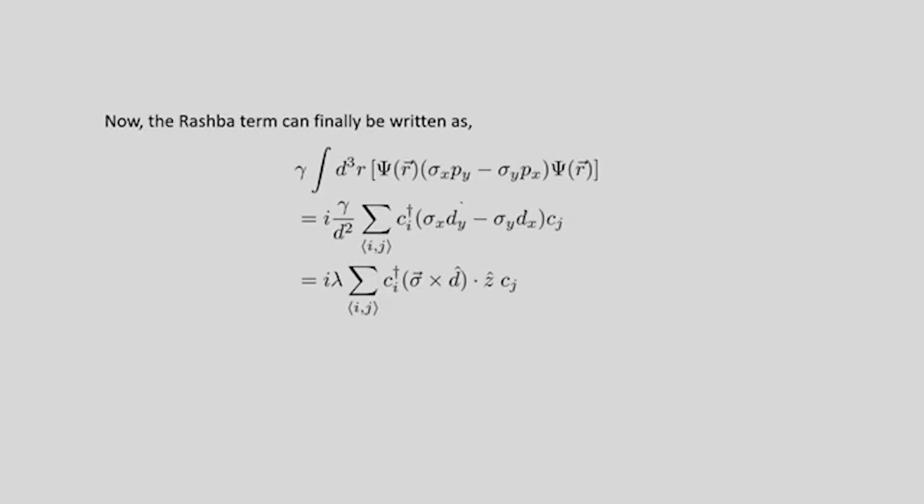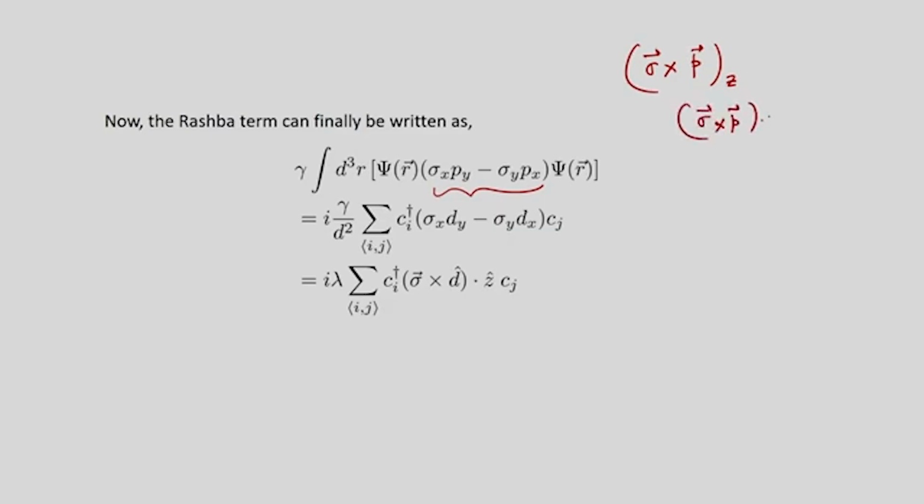Now, the Rashba term is written as sigma x py minus sigma y px. This is basically sigma cross p, and the z component of that, or you dot it with a z.